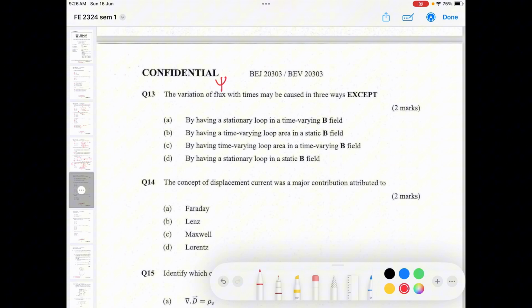If you look at options A, B, C, all of them are the criteria to generate the EMF, except for D: by having a stationary loop in a static B field. So the answer is D.